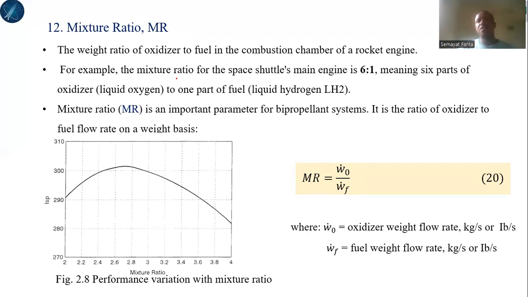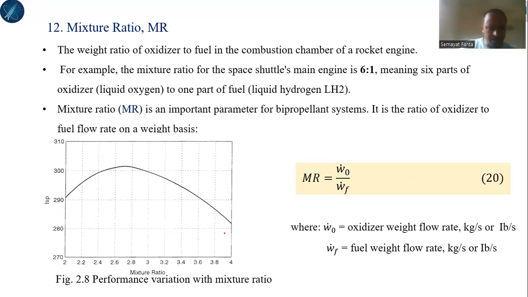For example, the Space Shuttle main engine has a mixture ratio of 6:1, meaning 6 parts of oxidizer, liquid oxygen, mixed with 1 part of fuel, liquid hydrogen, LH2. So the mixture ratio is MR equals W dot o over W dot f.